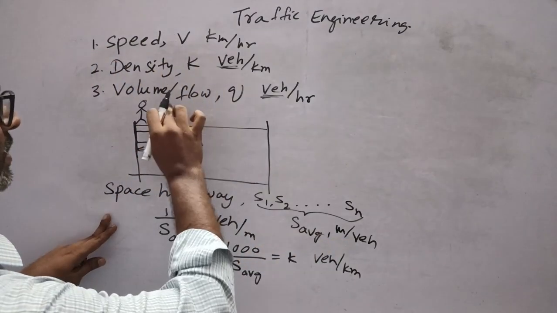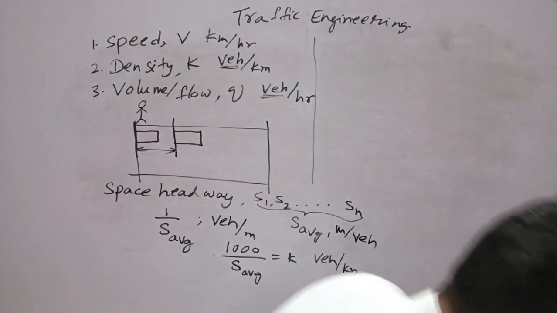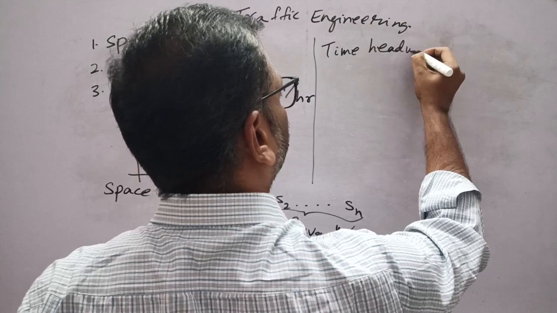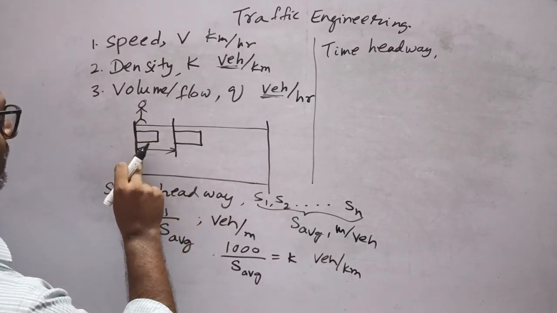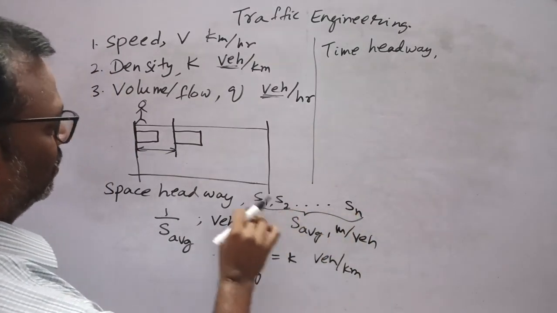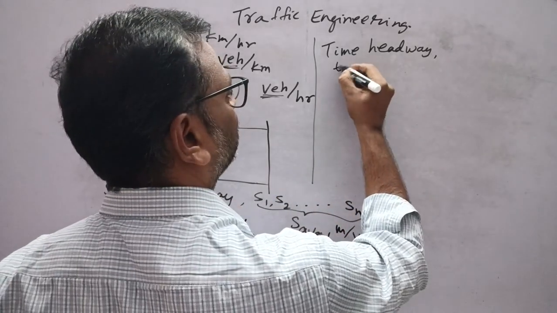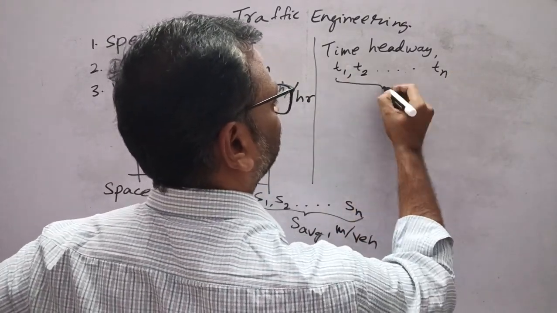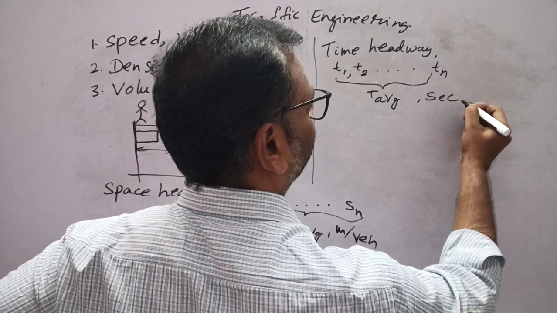Similarly, we will see time headway. Time headway, or simply headway, means the time gap between vehicles. Earlier we have seen space gaps. Now we will measure time gaps between successive vehicles, that is T1, T2 up to N vehicles, and we take the average of those N vehicles, time gap in seconds per vehicle.